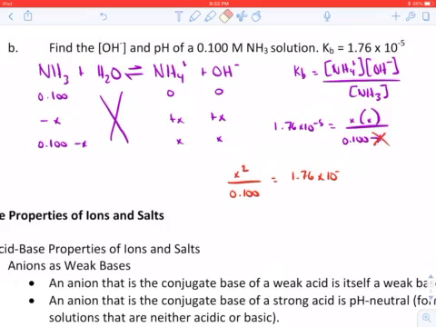All right, it's a terrible 5, so we'll try that again. And so we're going to take 1.76 times 10 to the negative 5th times 0.1, and then we're going to take the square root of that number.